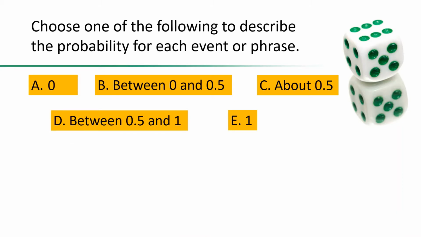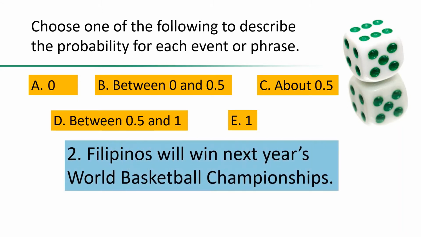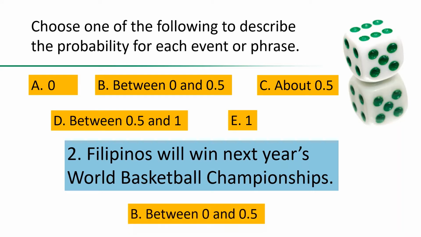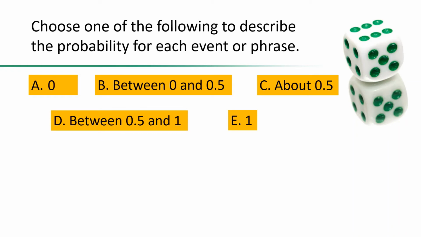Next, number 2. Filipinos will win next year's World Basketball Championships. Is it A, B, C, D, or E? And the correct answer is letter B. It is an unlikely event. And for number 3, Christmas will come before New Year's.